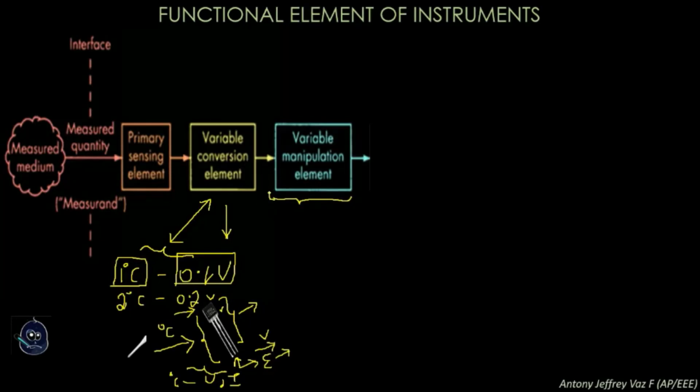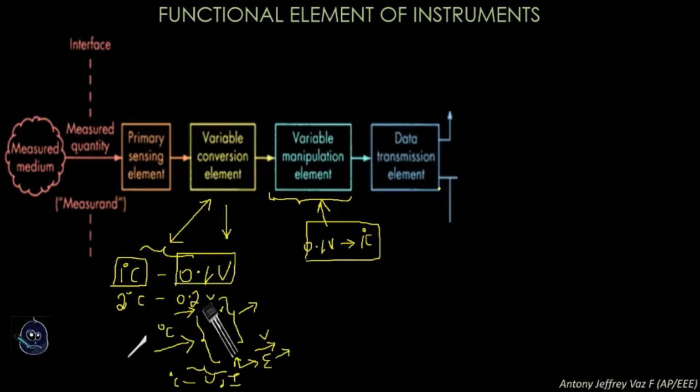And this element has to convert the ratios, which is the 0.1 volt, into the temperature format, that is the 1 degree centigrade. This is done by the variable manipulation element which is present in the thermometer circuitry. Similarly, you have a data transmission element.